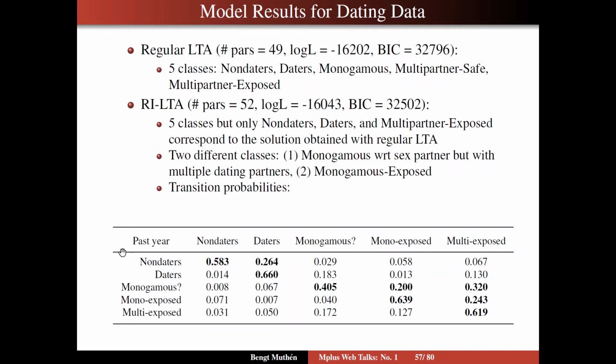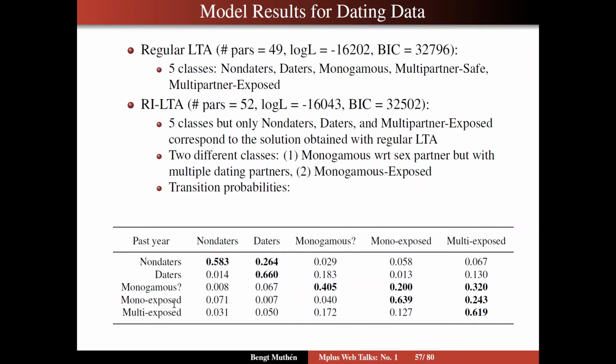And here at the bottom you see the transition matrix, so you can compare that matrix to the one that we presented on slide 7 using regular LTA. And you see by and large that we have more substantial off-diagonal probability elements for daters here, moving from non-dater to dater, and here moving from monogamous to monogamous exposed and to multi-partner exposed.